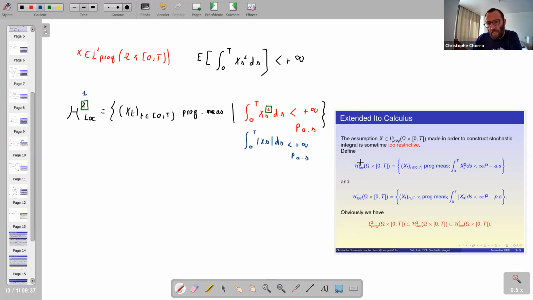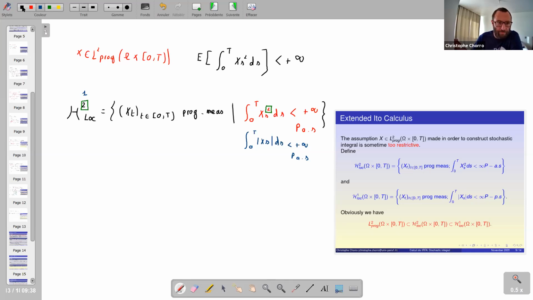So I define H2 loc and H1 loc this way: the sets of stochastic processes that are progressively measurable. For H2 loc, I need that the integral of the square is finite P almost surely. In H1 loc, the integral of the absolute value is finite P almost surely.